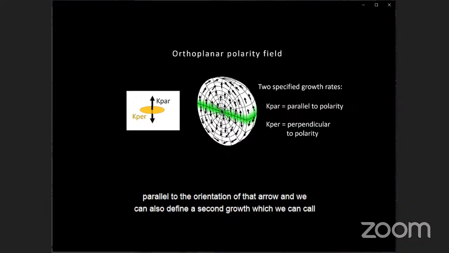And we can also define a second growth, which we can call perpendicular to the polarity. So it's in the plane perpendicular to that polarity. So growth can also be oriented like that. And so we can play with these two different growth rates for each region of our tissue. We can say to what extent does it grow parallel or perpendicular to the polarity.